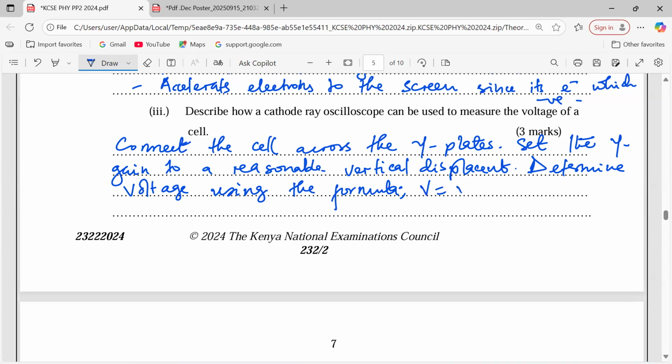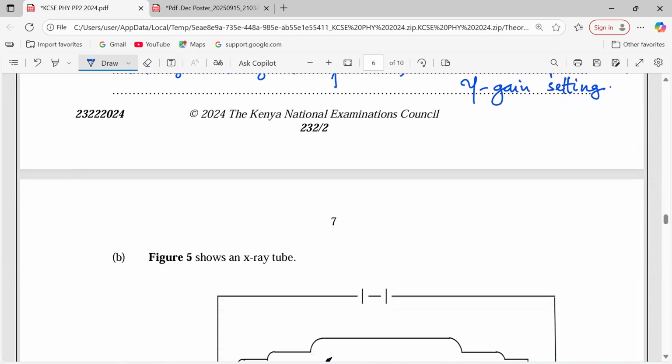V equals vertical displacement times the Y gain setting. Yeah, the Y gain setting, that too.